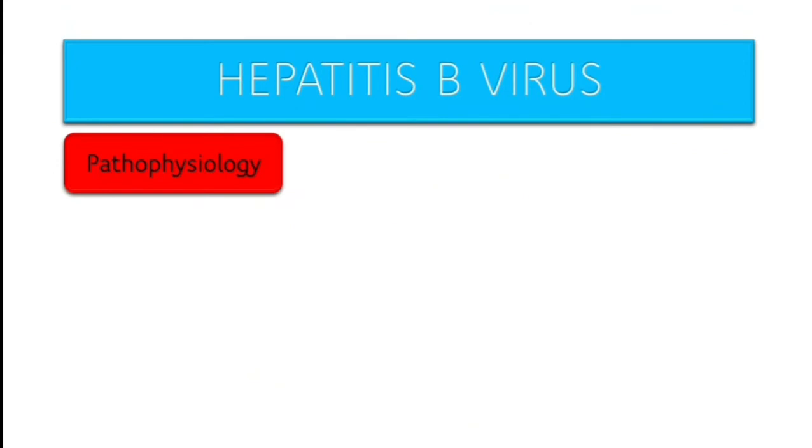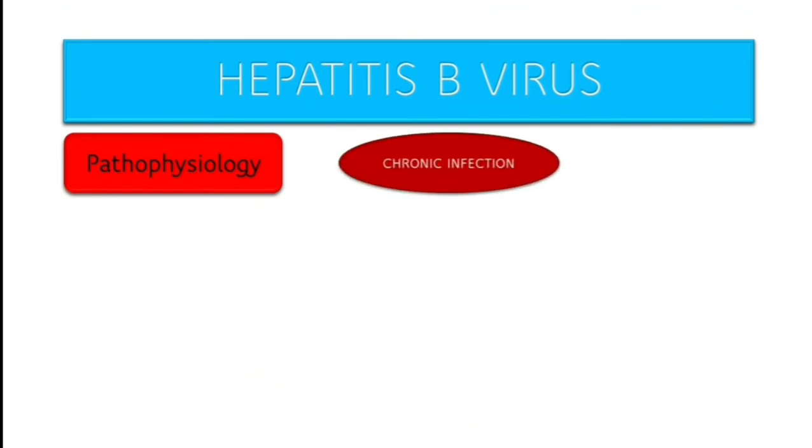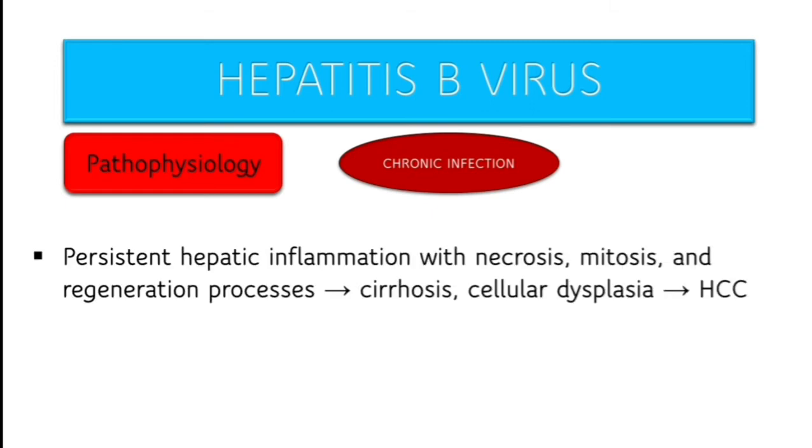Now let's talk about chronic infection. What happens is chronic infection results if our immune system is unable to clear the virus, right? Here we have two main ways. Persistent hepatic inflammation with necrosis, mitosis, and regeneration will lead to cirrhosis, cellular dysplasia, and hepatocellular carcinoma, right?